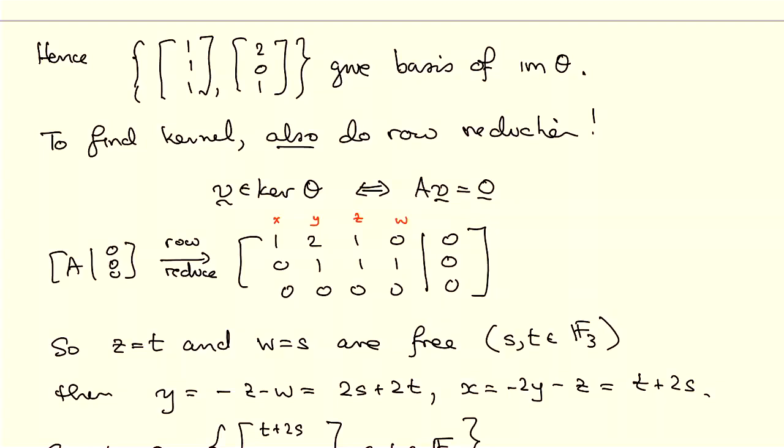Finding a basis for the image and a basis for the kernel is all one and the same. Reduce the matrix down. For the image, you just read off the columns of the original matrix corresponding to these ones here. For the kernel, you put your 0, 0, 0s there, and you don't have to do the row reduction again, because the 0s stay as 0s. And now just solve the matrix equation over here.